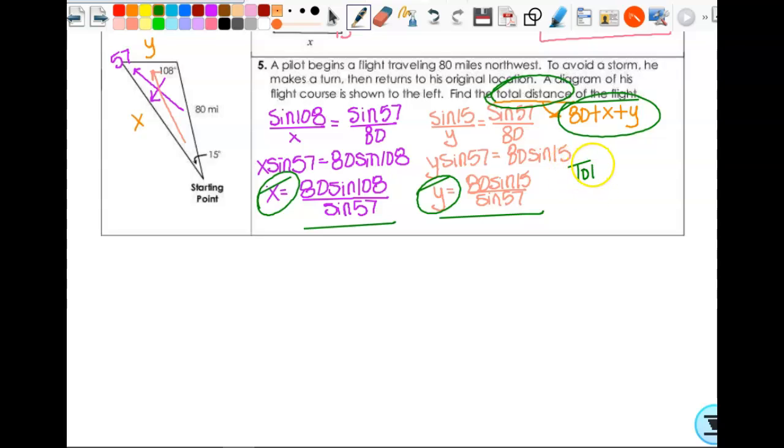You either have to do it all at once, or if you do type it in, you have to store it in the calculator, and it really just depends on which one's easier for whatever you're doing at the time.